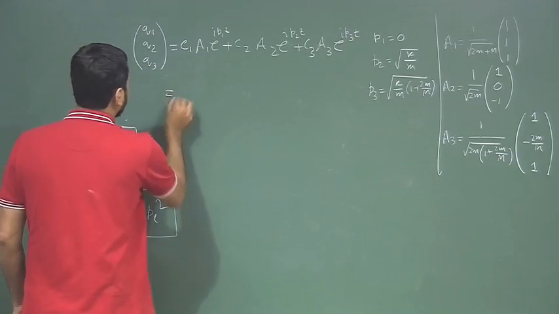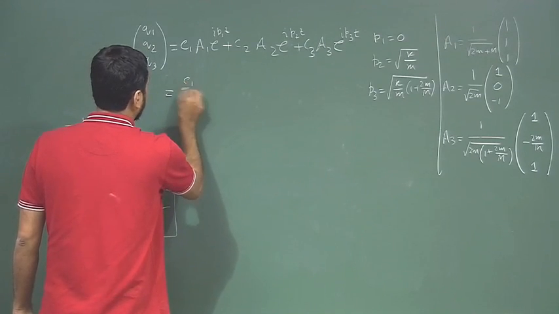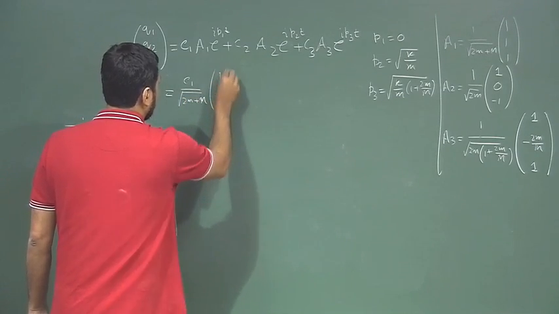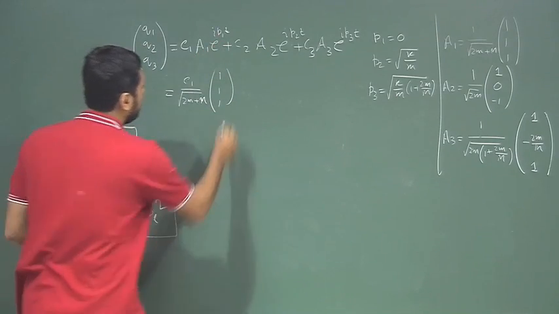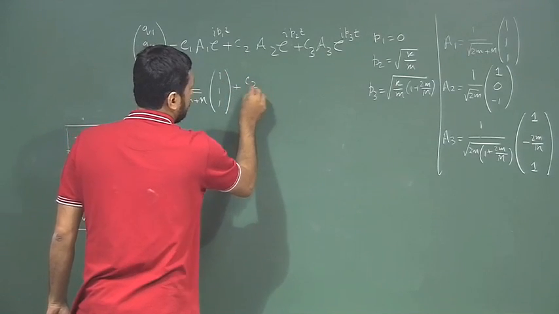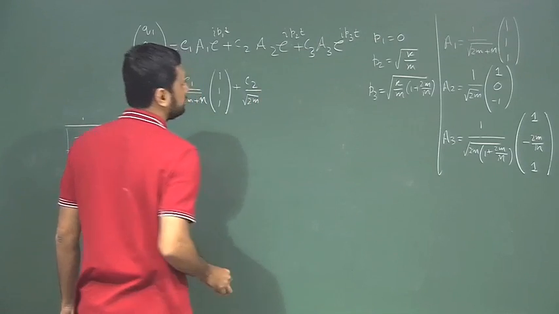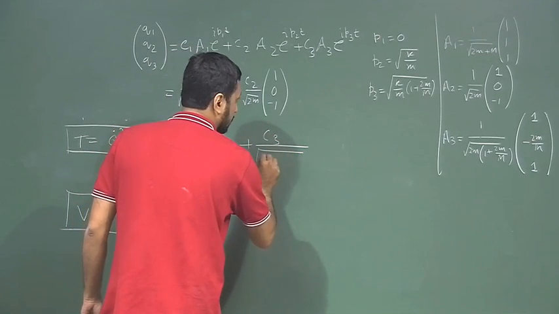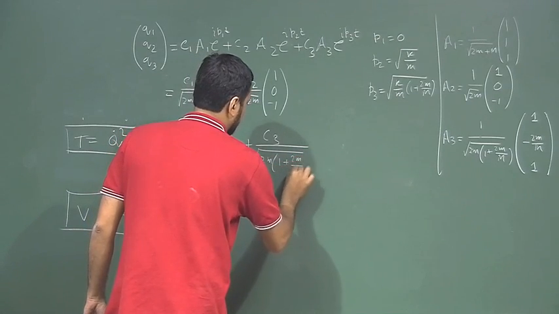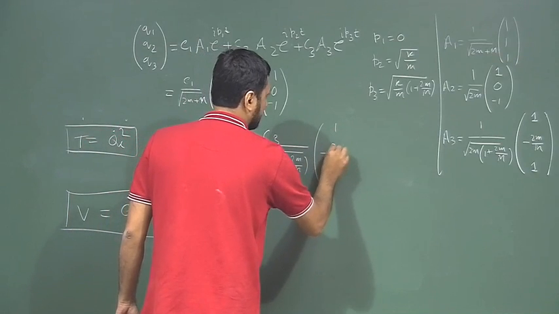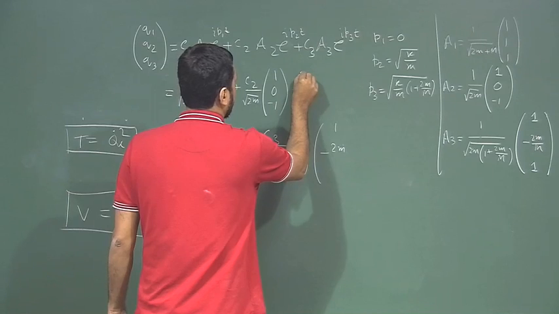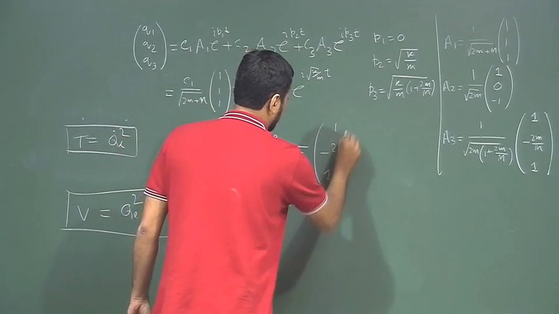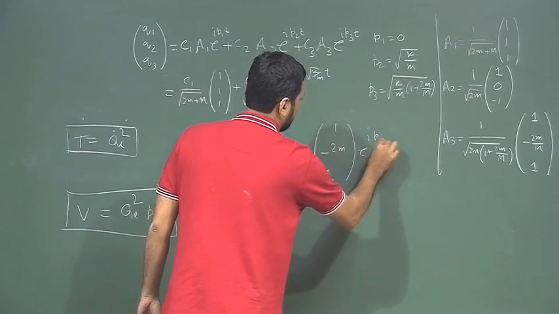Now, writing explicitly, it will be C1 by root of 2m plus m, times (1 1 1), this will be 1 because P1 is 0, plus C2 by root twice m times (1 0 minus 1), plus C3 by root twice m times (1, minus (1 plus 2m by m), 1) times e to the power i root k by m t. Okay, I will just write P3 t.